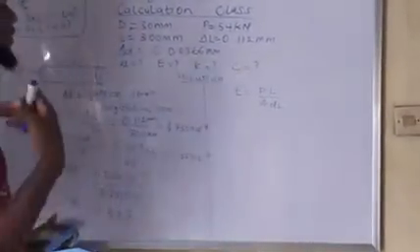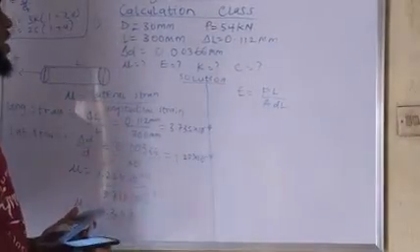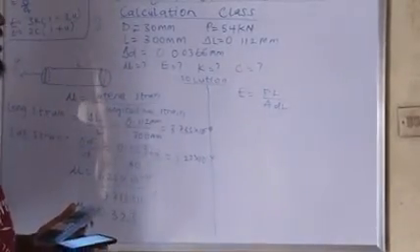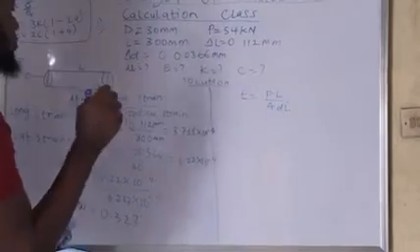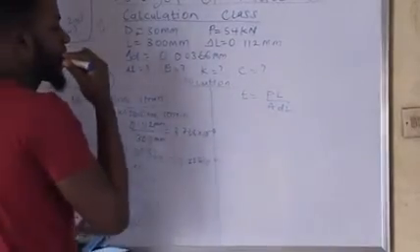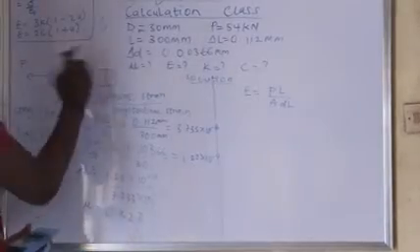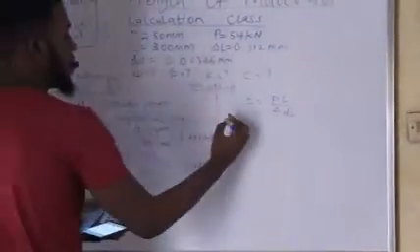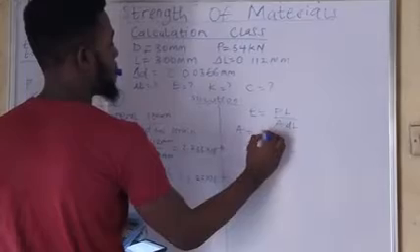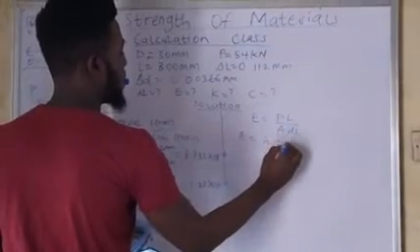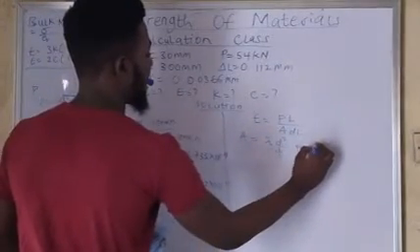So from here we have P, we have L, we have A. Okay, we don't have A, we can calculate A, and then we have the L. Now let's calculate A first. Since this is the cross section, the area of cross section is basically a circle. So A is pi D squared over 4 or pi R squared.